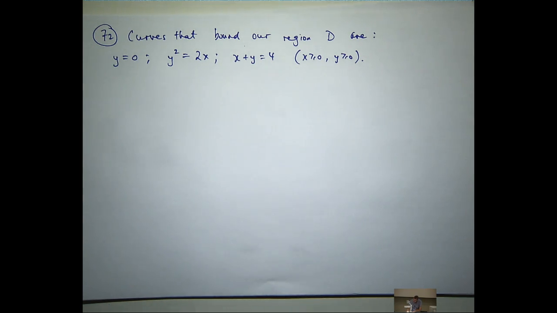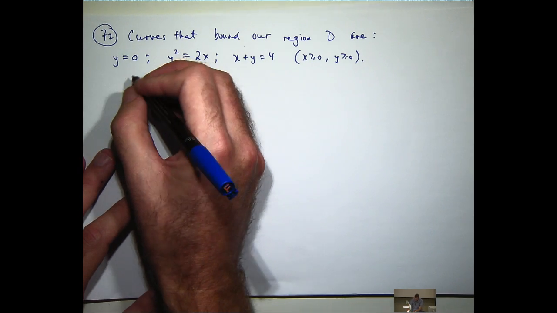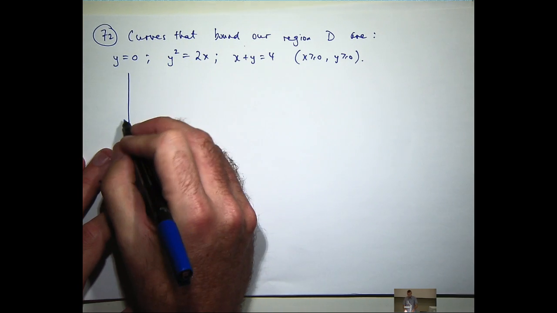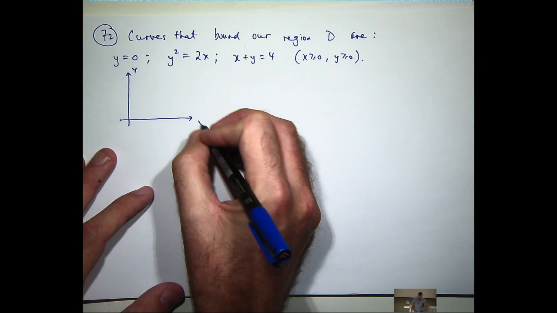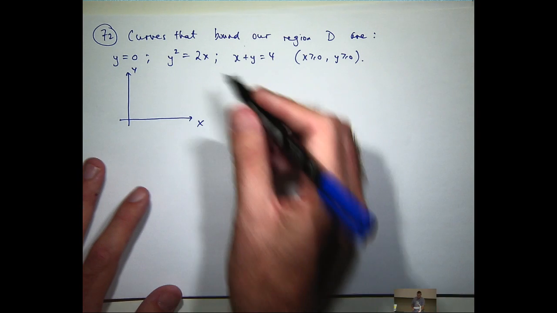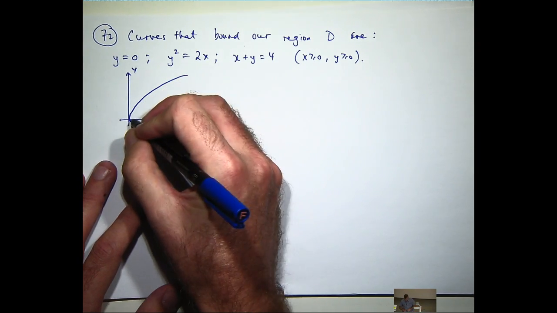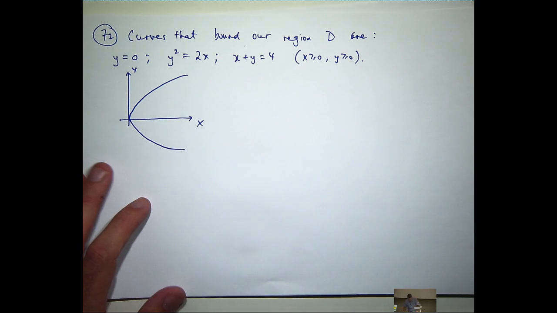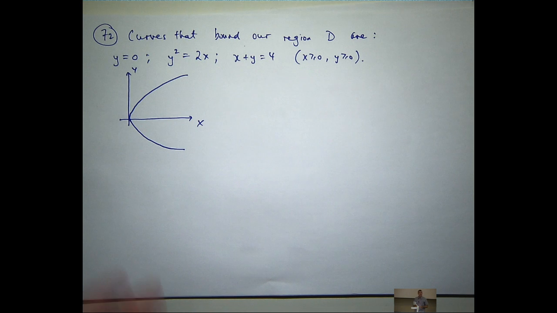So what I'm going to do is draw in these curves and see what happens. Basically sketch our region. If I draw in the curve y squared equals 2x, it's going to look something like this. I'm not too concerned with what happens down here because my interest is up here.